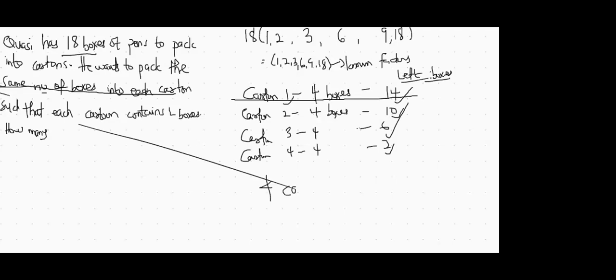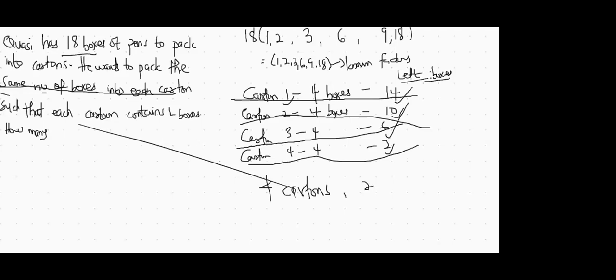The next carton leaves 10. Then the third carton leaves 6. Then the fourth carton leaves 2. So it's going to be 4 cartons and 2 extra boxes. And I think that the 4.5 is not right.